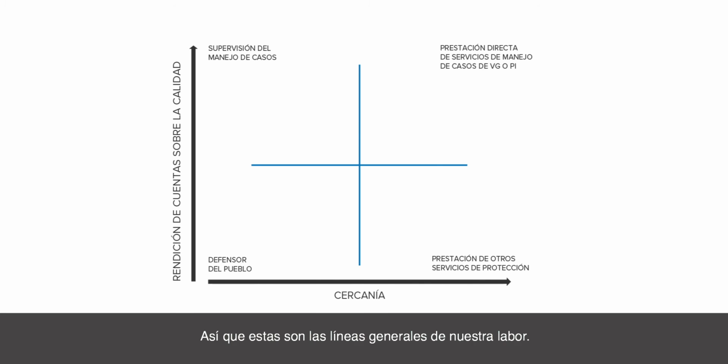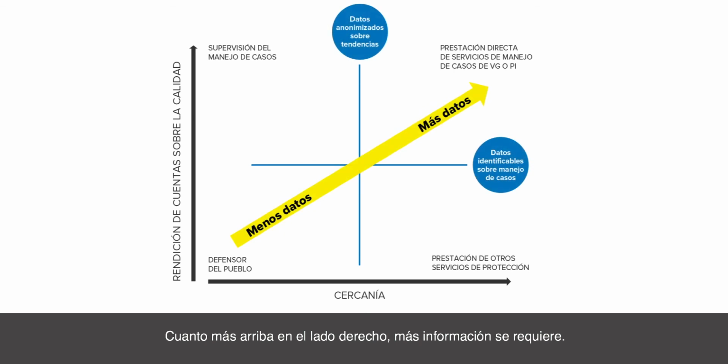So what you can see, these are just general themes about our work, but the more you go up and to the right, the more information that is necessary. And the further that you are to the bottom and to the left, the less information that is necessary. And these types of information aren't the same.